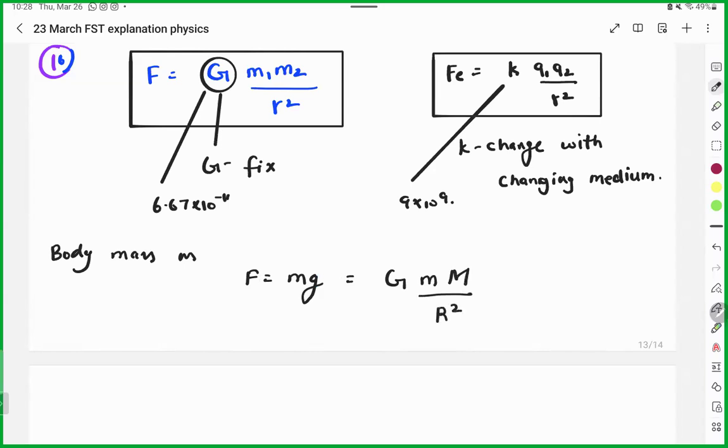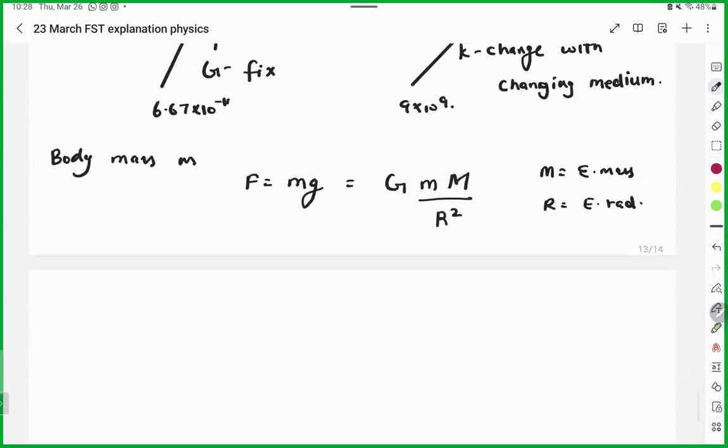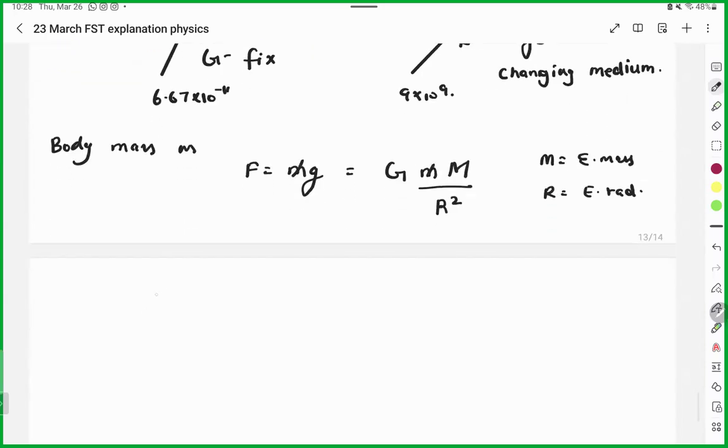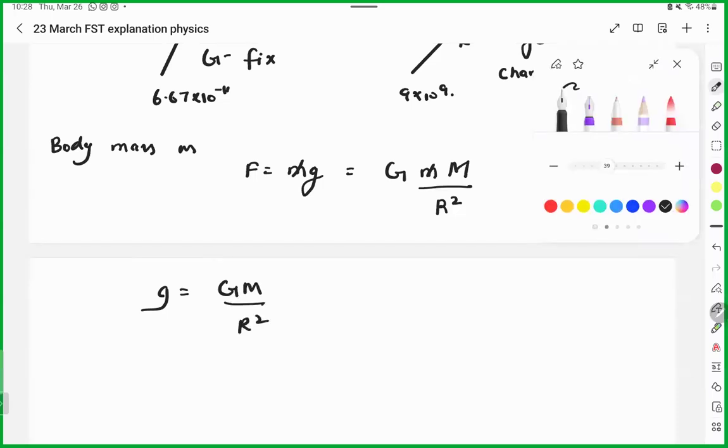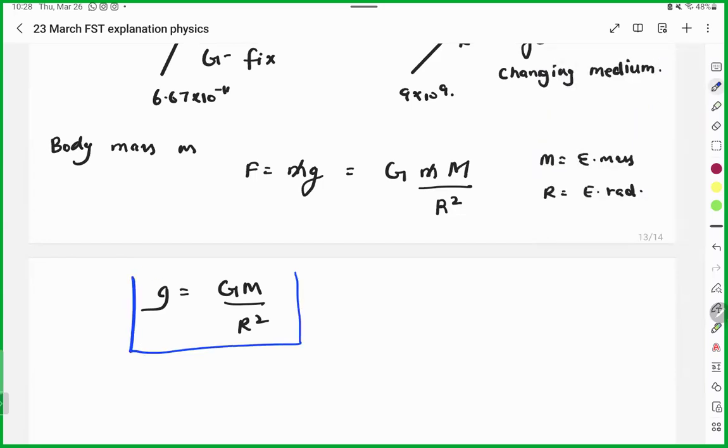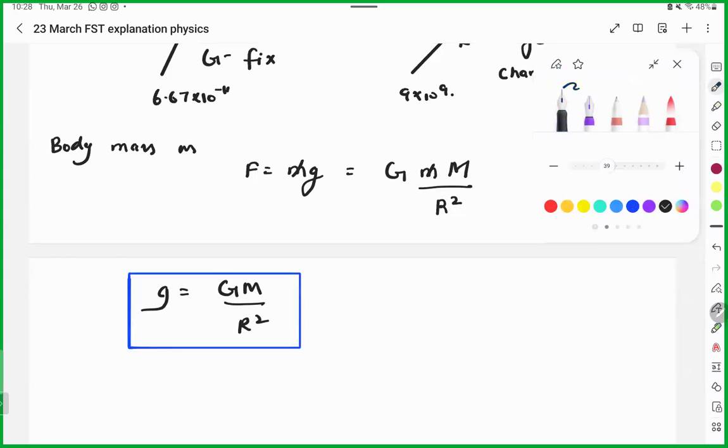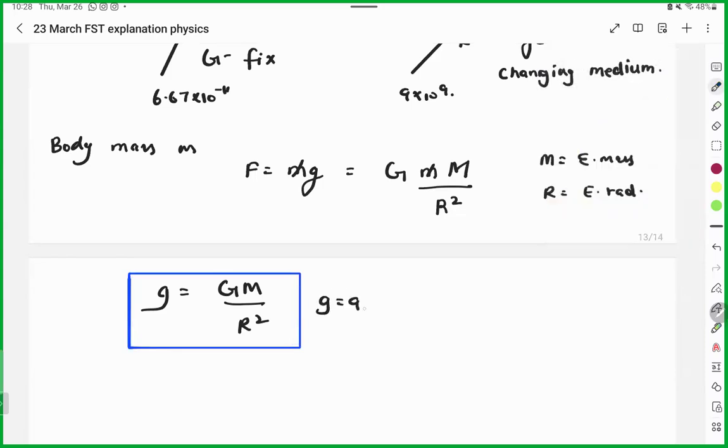So m will be cancelled. Gravity value will be GM by r square. We know G is fixed, mass of the earth fixed, radius of the earth fixed. If we calculate the total value, this g value is equal to 9.8 meter per second square.